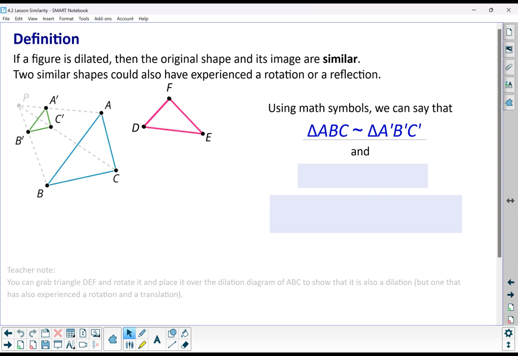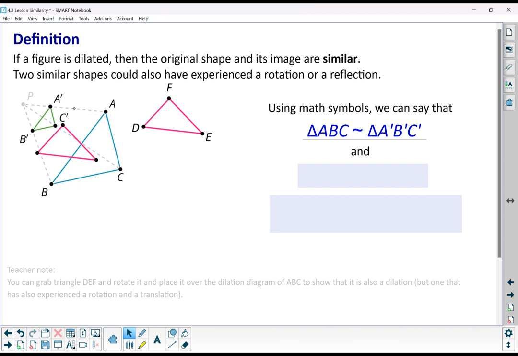But two similar shapes could also have experienced a rigid transformation, like a rotation or a reflection. So, for example, this pink triangle is also a dilation if we move it into the right spot and rotate it. Oh, whoops.